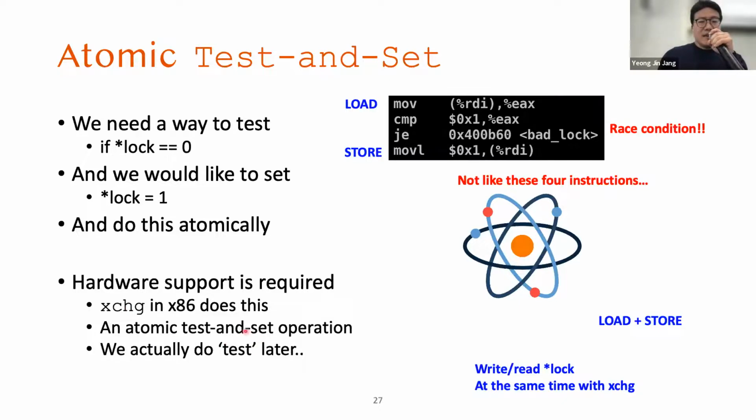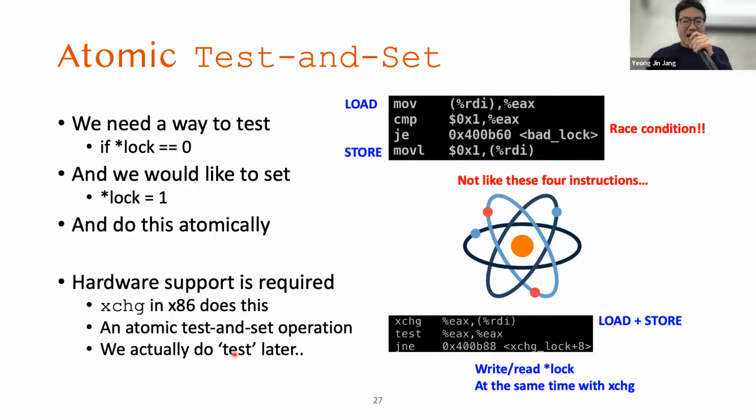Actually we are doing the test later, and exchange is actually swapping the two values. Suppose this is an exchange of EAX and RDI. You can regard RDI as the lock variable, because this is a memory operation, and EAX as the value 1. So this exchange operation will exchange the value 1 with the value stored in the lock.